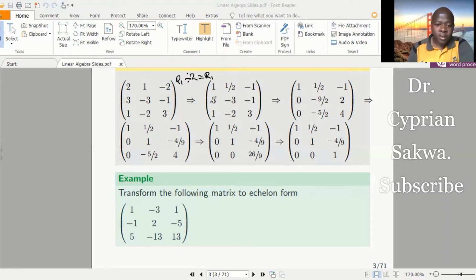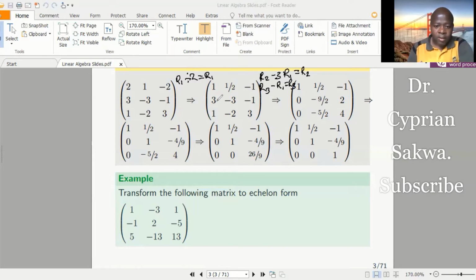To create a 0 in this position, I need row 2 minus 3 row 1, and this will give me the new row 2. And to get the new row 3, I need a 0 in this position. So I take the current row 3 minus the current row 1, and that gives me the new row 3. So let's do this and see what we get.